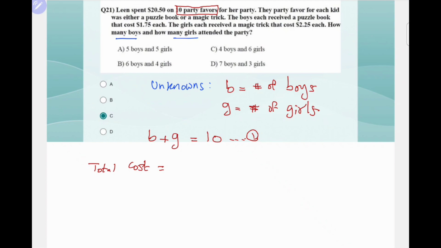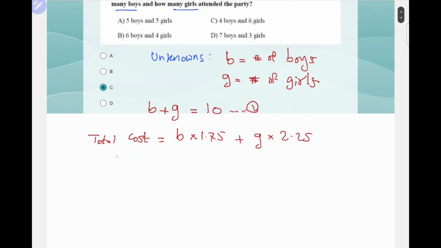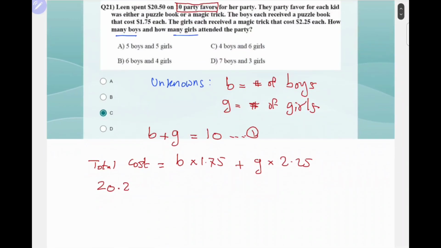So the number of puzzles is equal to the number of boys, which is B, multiplied by the price of each puzzle, which is 1.75, plus the number of magic tricks, which is equal to the number of girls, since each girl received one magic trick, times the price of each magic trick. And we know that this is equal to the total cost, and the total cost spent is $20.50, which is equal to 1.75 B plus 2.25 G. And this is the second equation.